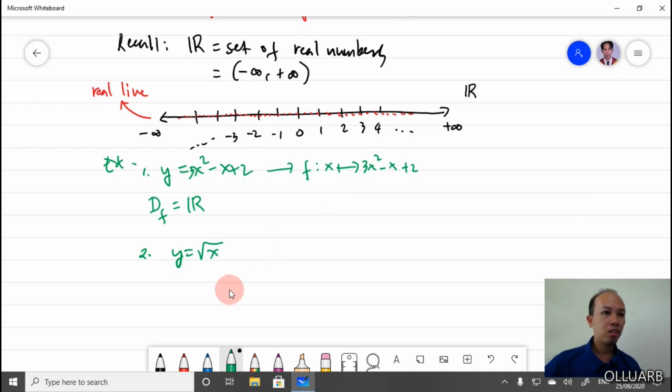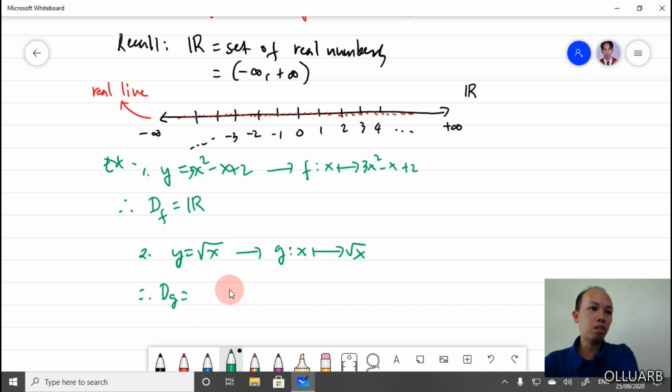If you use a notation like this, square root of x, then the notation of our domain is d sub g.